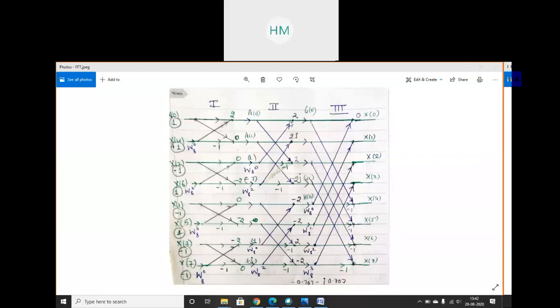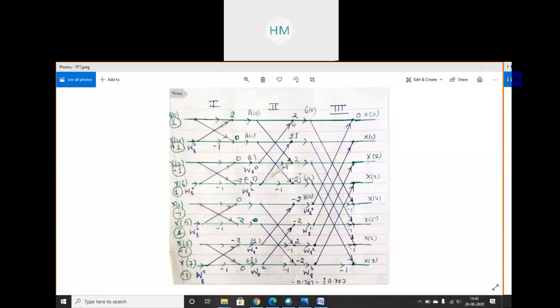It is A0 plus A1. A1 is this. That is my G0. A0 plus, this value is my B1.